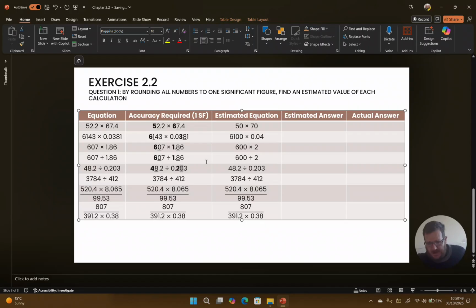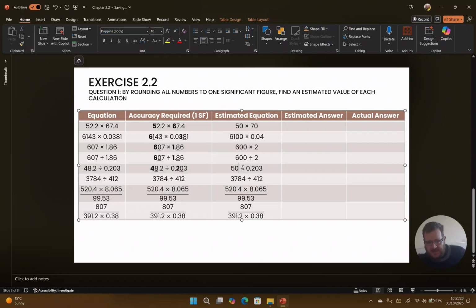So essentially, when we get to that point, we'll get rid of the decimal point, and that rounds up because the 8 is greater than 5.